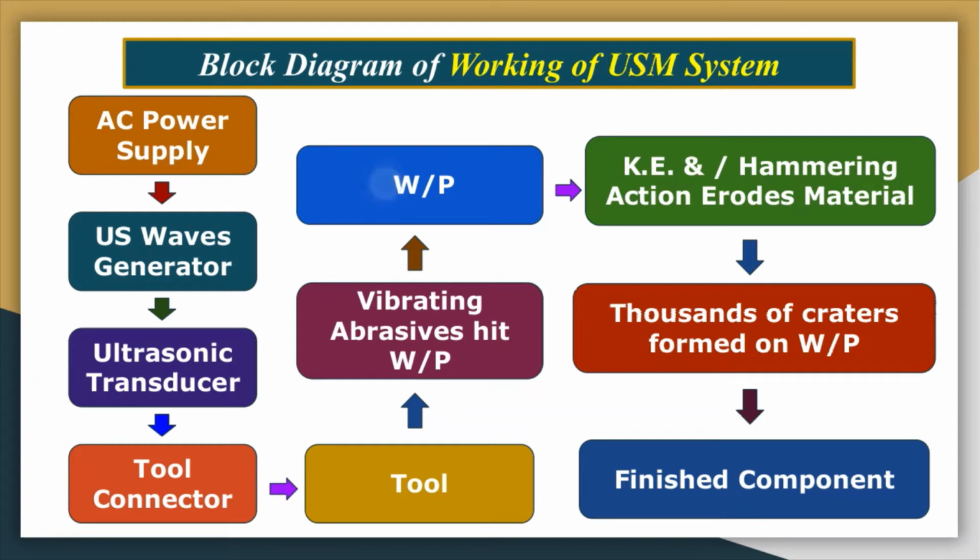A large number of abrasive particles with high velocity, or high kinetic energy, will collide with the workpiece surface, and as a result a hammering action takes place, and they erode the material from the workpiece by creating thousands of very fine craters on the top surface of the workpiece.